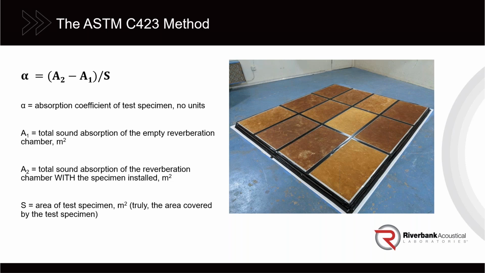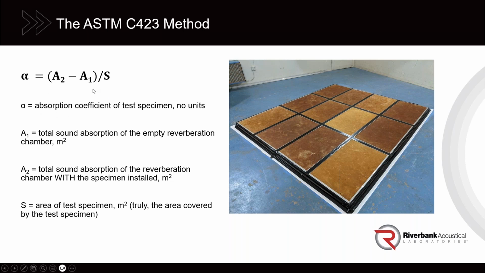This should be impossible if sound absorption coefficients were a true energy absorption coefficient, because by the laws of thermodynamics, that would mean that more energy has been absorbed than was even received by the material. But the truth is that in architectural acoustics, this term sound absorption coefficient means something a little bit different.